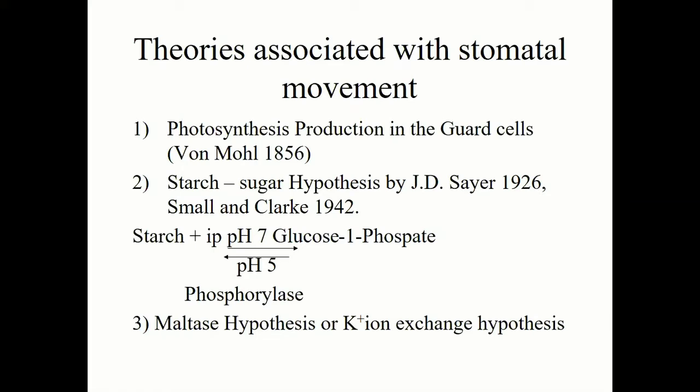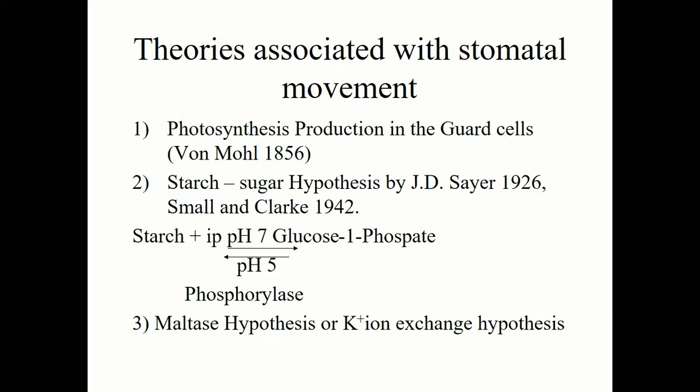Okay, so this hypothesis explains that because of the difference in concentration, the guard cell becomes turgid and the guard cell becomes flaccid. So this hypothesis is called the photosynthesis production in the guard cell. But there are some objections to this hypothesis.